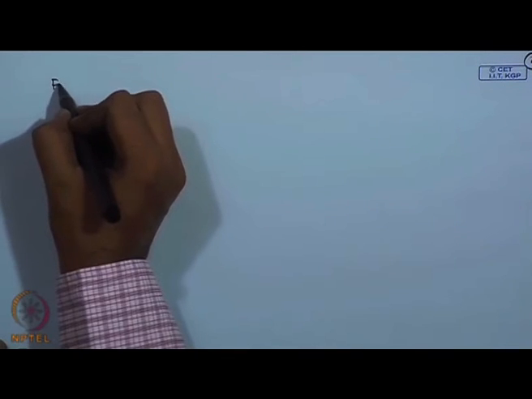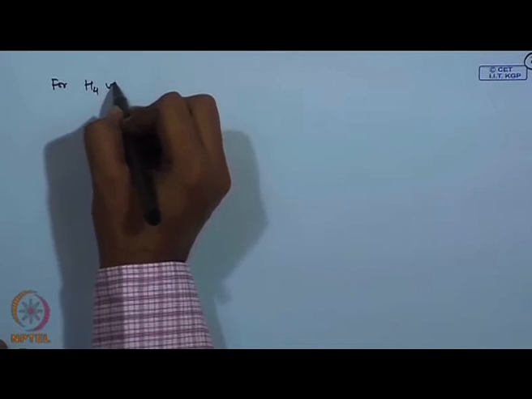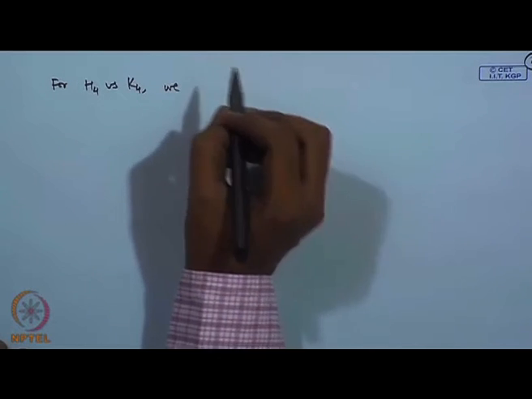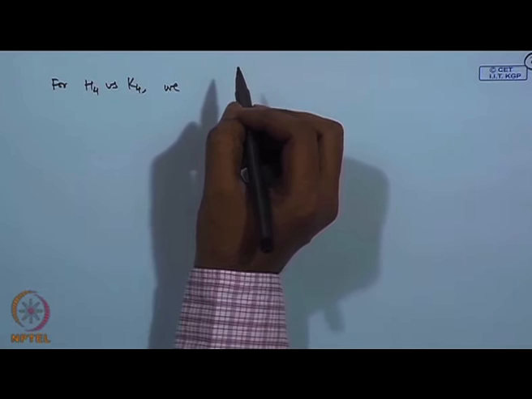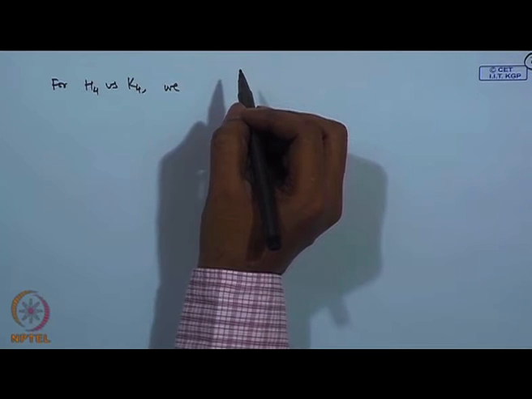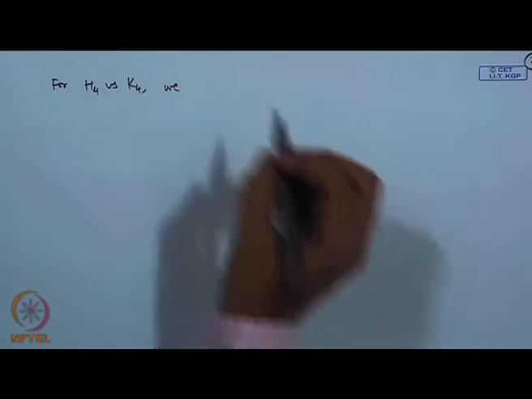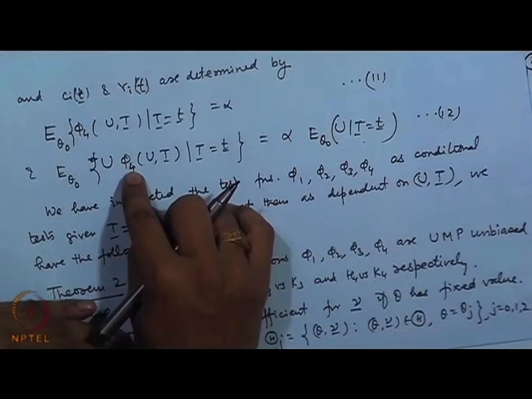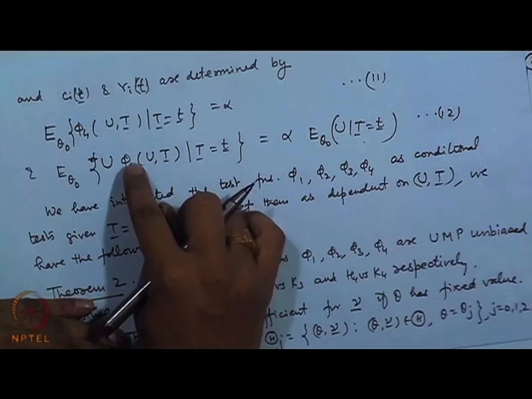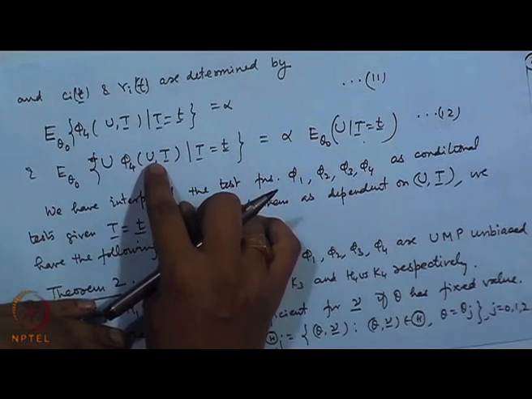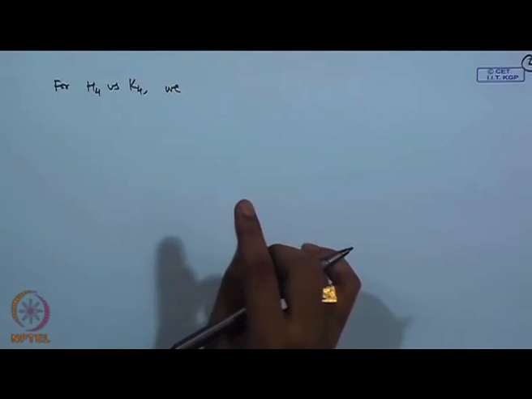Now, for the testing problem H4 versus K4, if you remember, for phi 4 we had two conditions. The second condition was involving the product of u with phi 4. So, now if you translate, we need another condition that h should be a linear function of u. So, let me write it here.